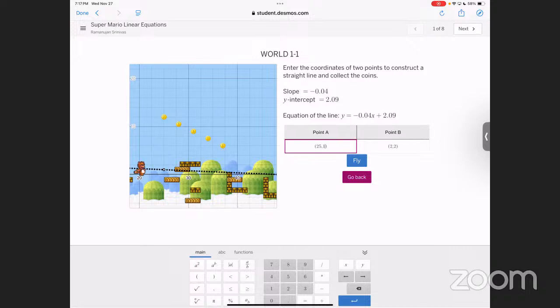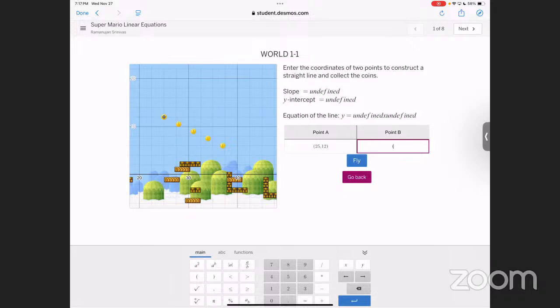So 12. So that's the first point. The next point I'm going to show you, we're going to find it. I can say 1, 2, 3, 4 boxes. So first one, 25. The next point, I need to find some perfect one.